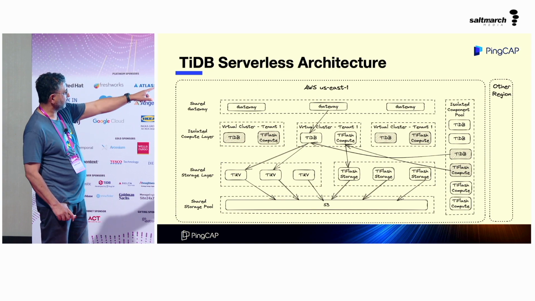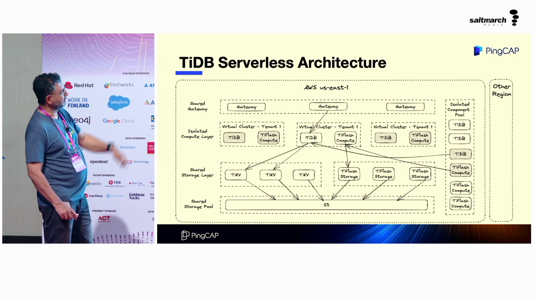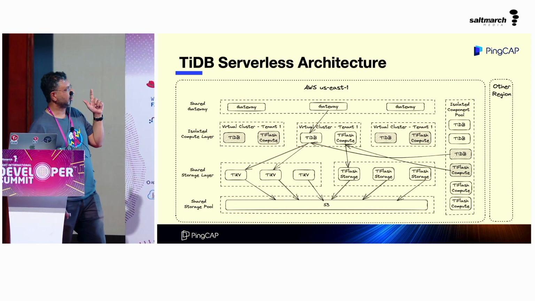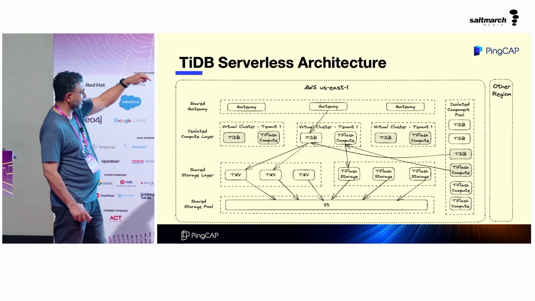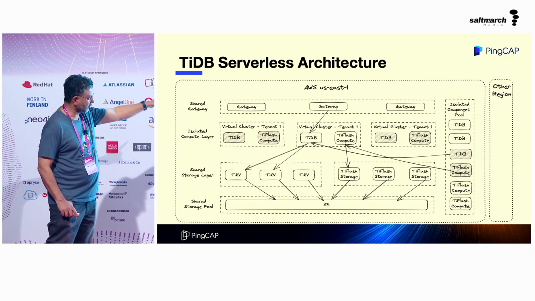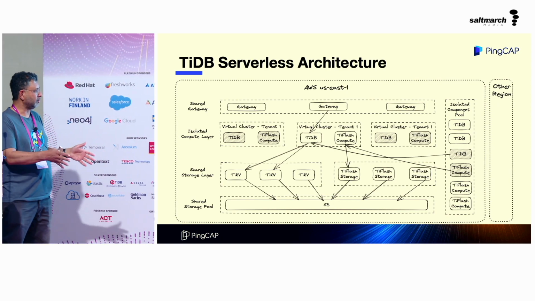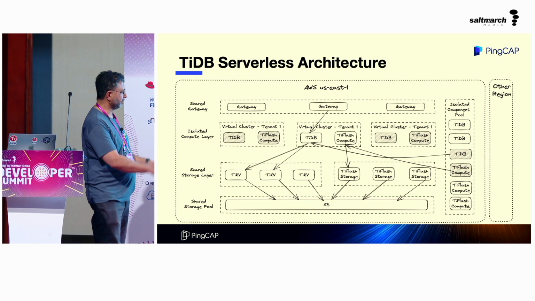You go up, the SQL nodes are at the layer above that. When a client connects, the gateway looks at the tenant ID and routes the traffic. That's where it starts, but the tenant ID goes all the way through the infrastructure to partition what resources are used by that tenant. So that's what it roughly does.